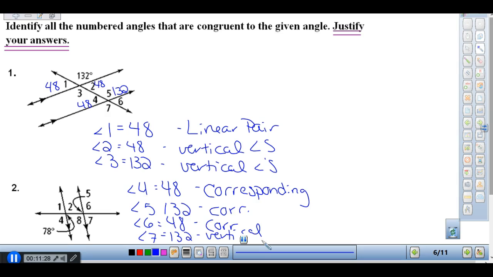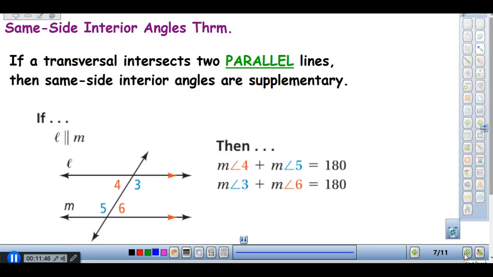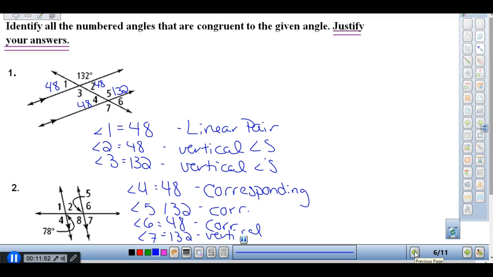So basically, corresponding angles are congruent, alternate interior angles are congruent, alternate exterior angles are congruent, linear pairs are supplementary, vertical angles are congruent. Same side interior. If we look at this, this was 48 and this was 132.